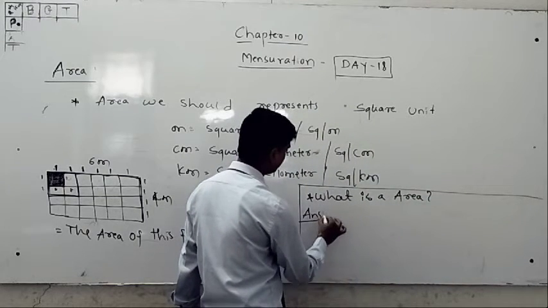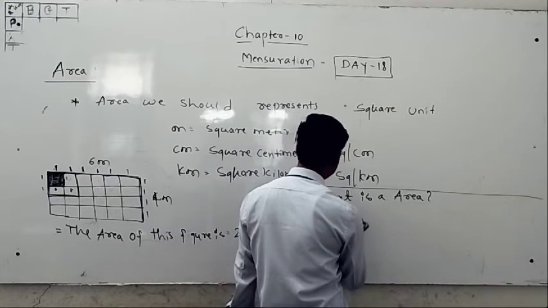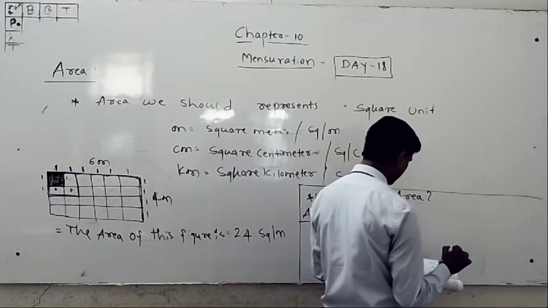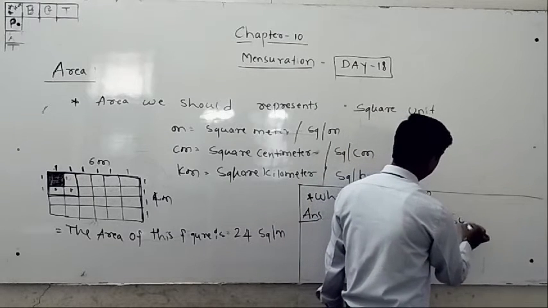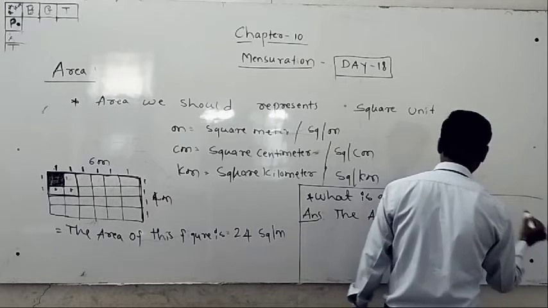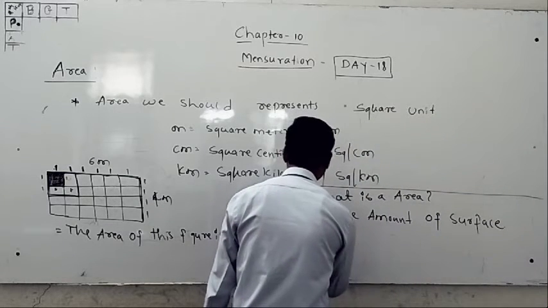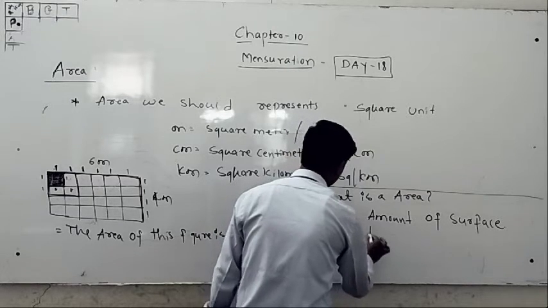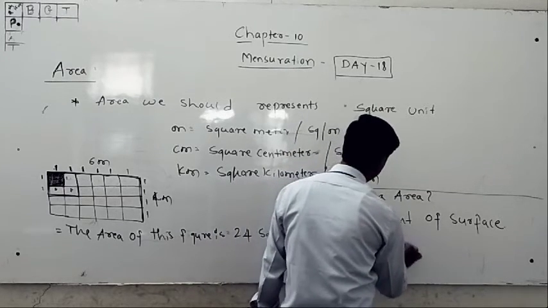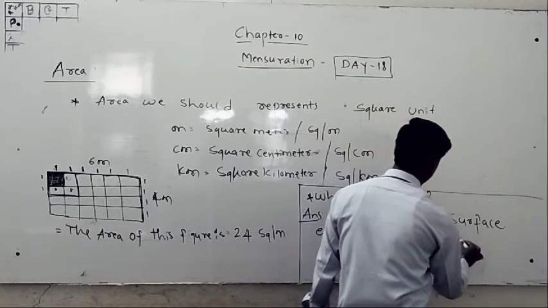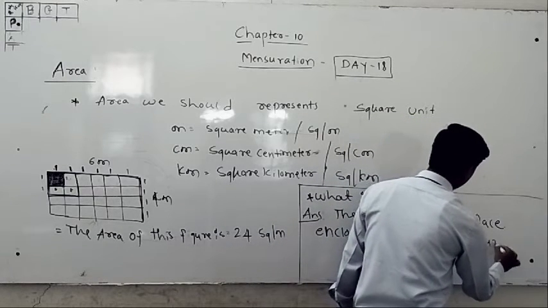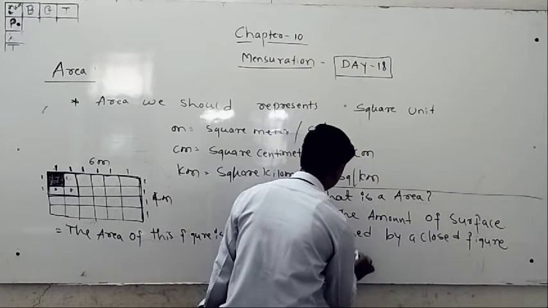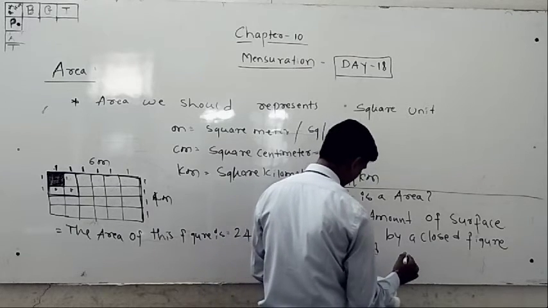Answer: the amount of surface enclosed by a closed figure is called area.